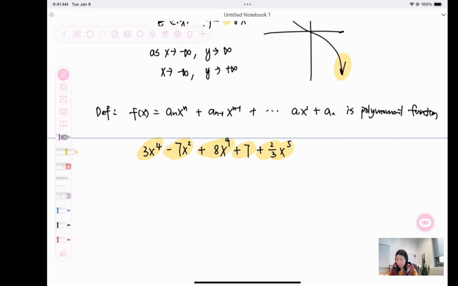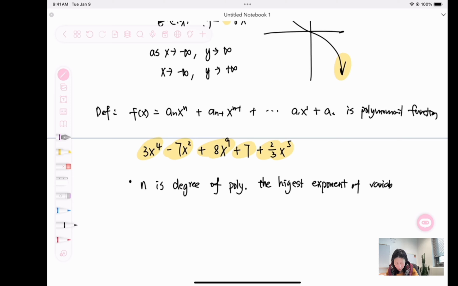Usually we will rearrange that with the highest power on the top and the lowest power on the bottom. Now let's talk more about the polynomial function. Here, n means the degree of the polynomial function, and that is the highest exponent of the variable.